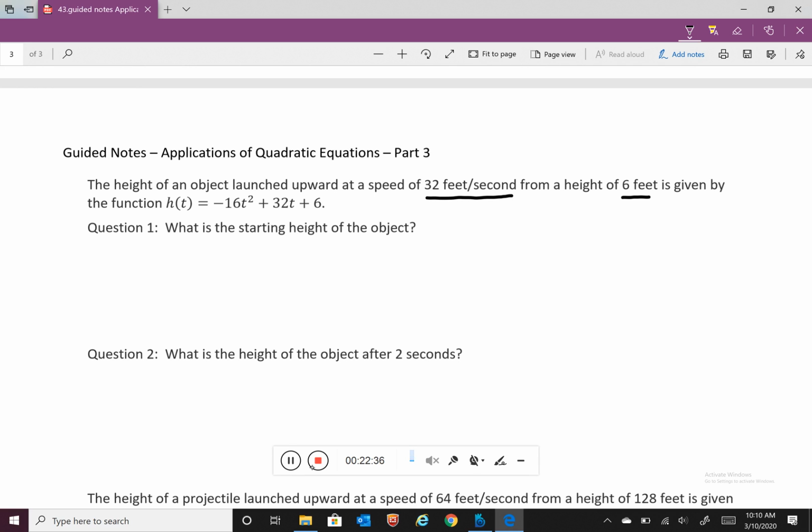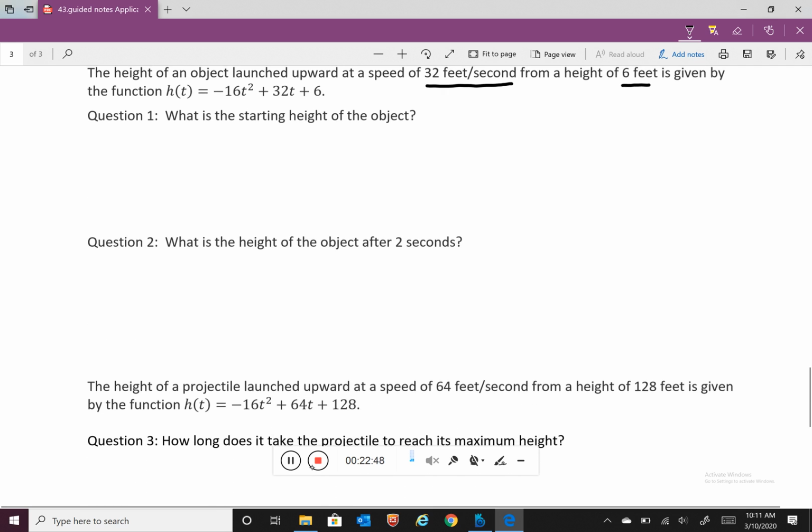So you are asked for the starting height of the object. And second question, you are asked for the height of the object after 2 seconds.